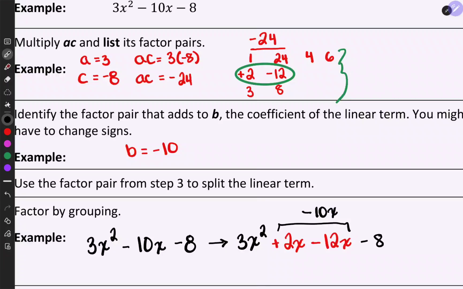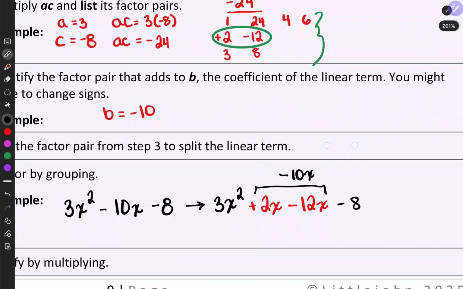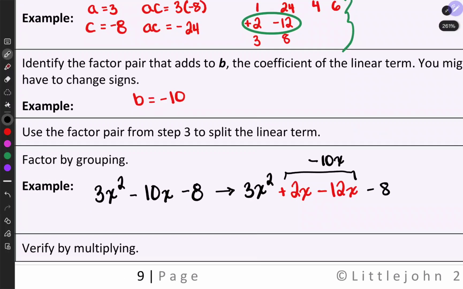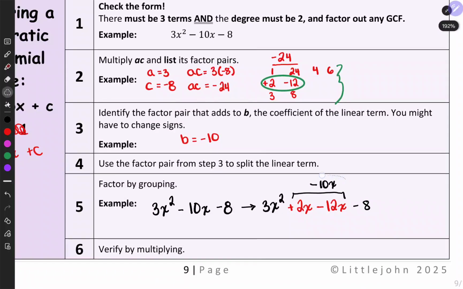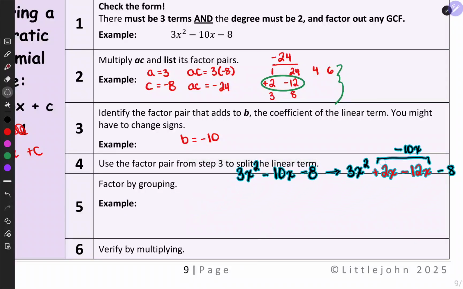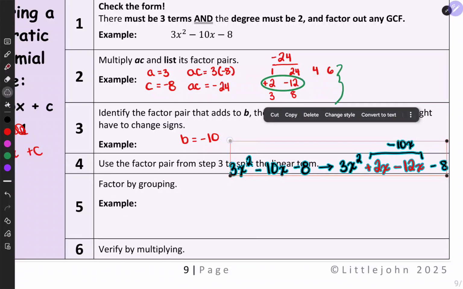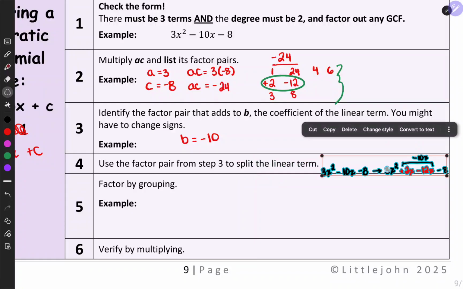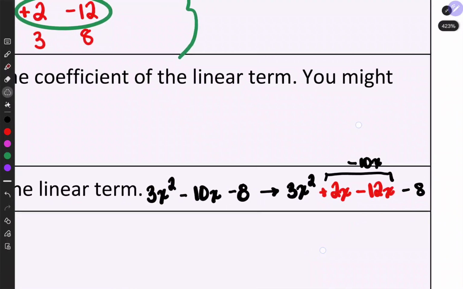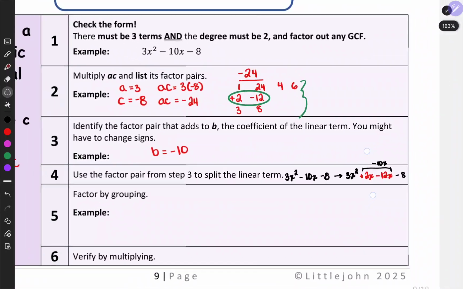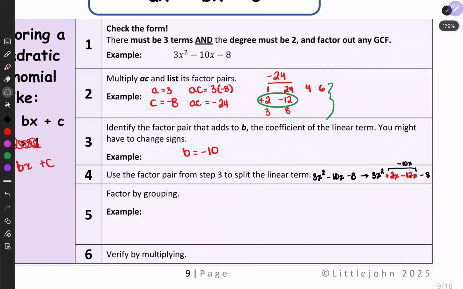Now we have 4 terms, so we can factor this by grouping. Shoot. That was supposed to go here somehow, but it is. Sorry about that. But we want to factor that by grouping.